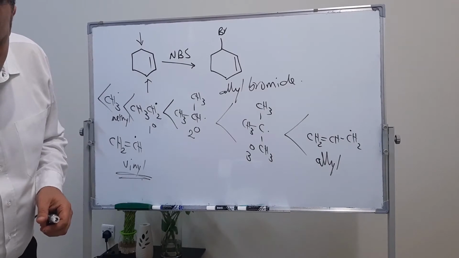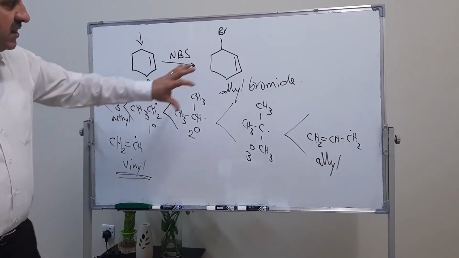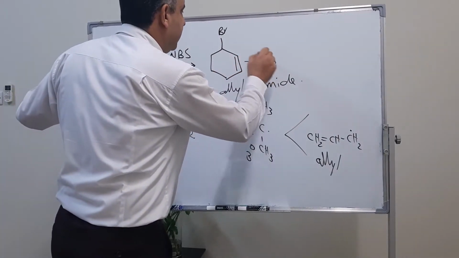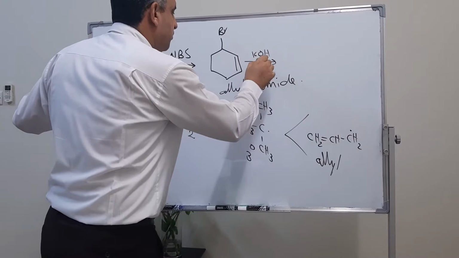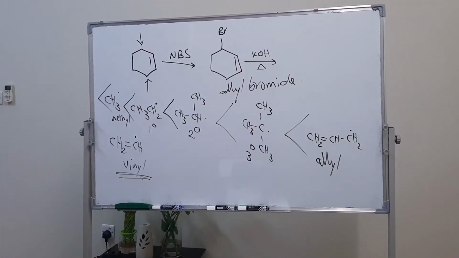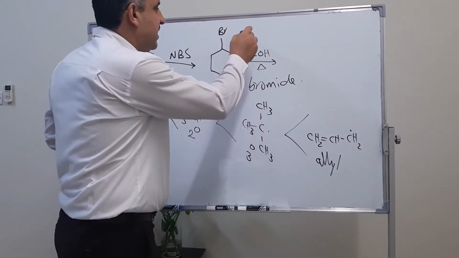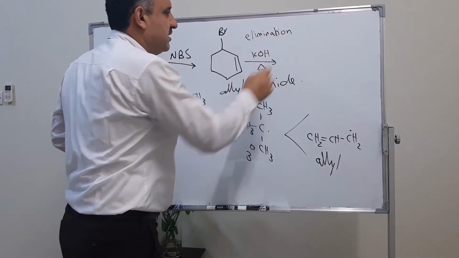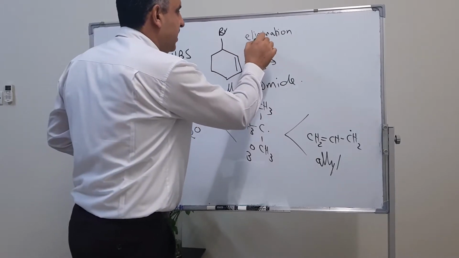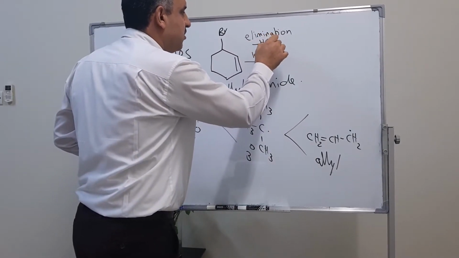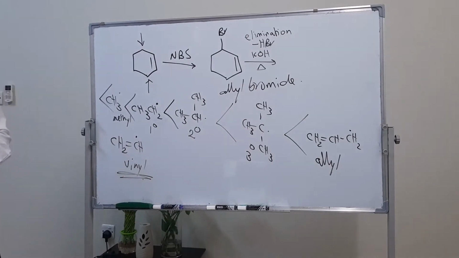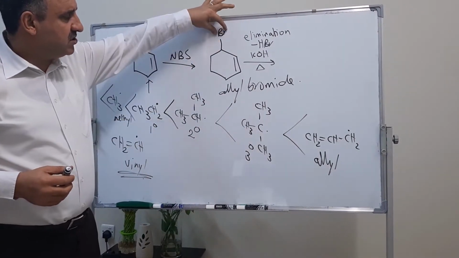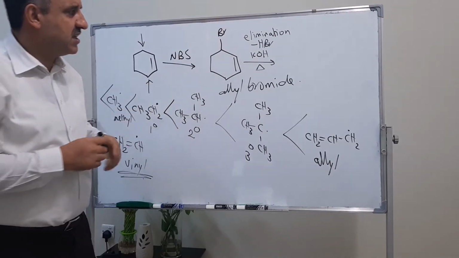Now, if we take this allyl halide and allow it to react further with KOH and some heat, what we are going to get is an elimination reaction. Actually, we will discuss this in more detail in the next chapter. We are going to get elimination of HBr, where we have this halogen and removal of the adjacent hydrogen.